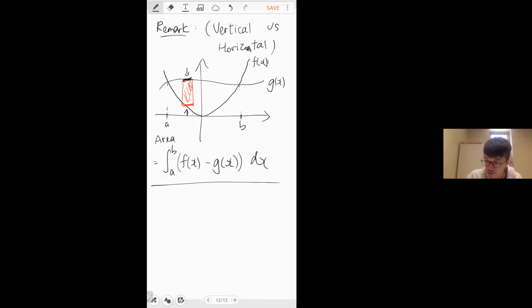And I'll show you in a moment when I can do horizontal. So there are cases that look like this.